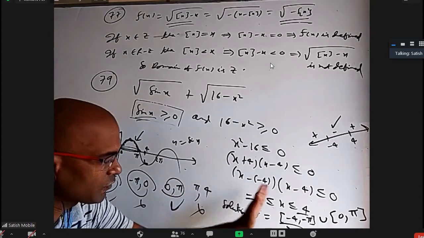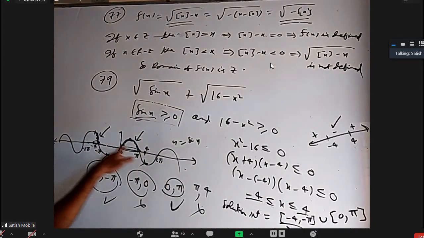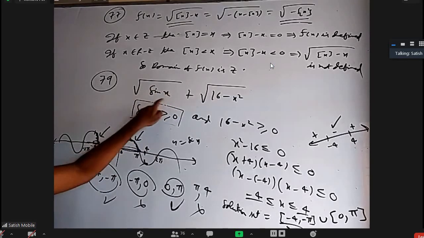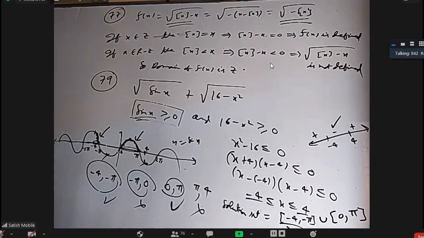So among minus 4 to 4, where sin x is positive, you can see that in the graph, right? Yes, sir. That's it. Any other doubt anybody has? Sir, in the graph, why did we take the positive side? Because for root sin x to be defined, sin x should be positive or 0, right? Yes, sir.